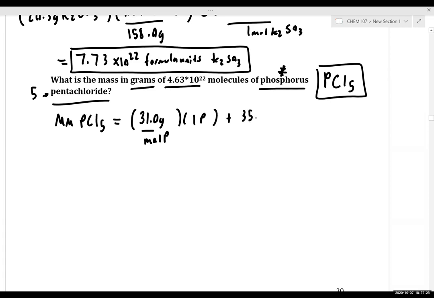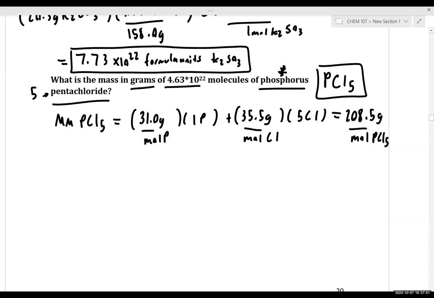Chlorine has a mass of 35.5 grams per mole, and we have 5 chlorine atoms. Punching that into our calculator, we have 31 plus 35.5 times 5, and that gives us a molar mass of 208.5 grams per mole of phosphorus pentachloride.